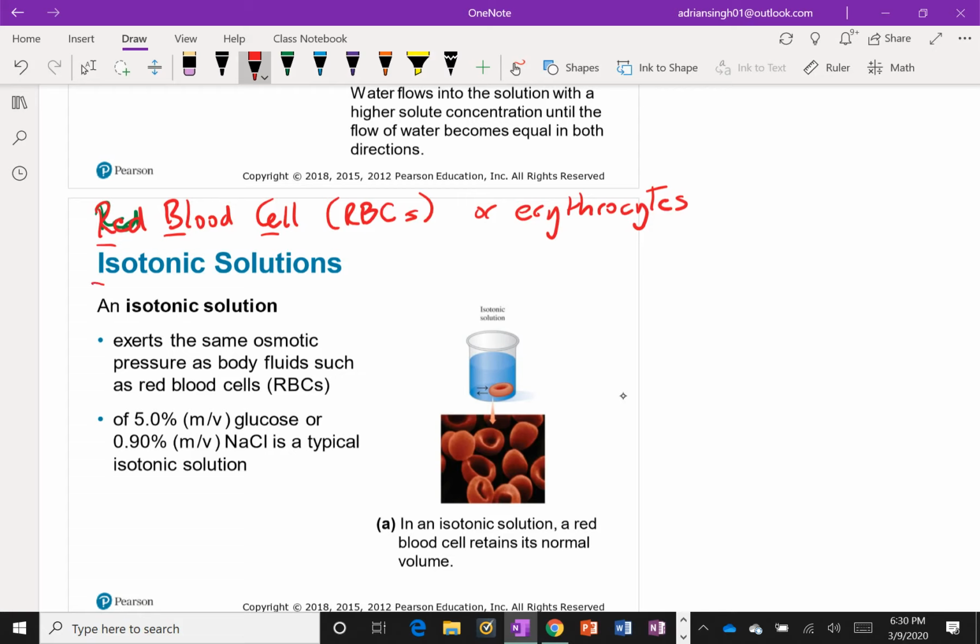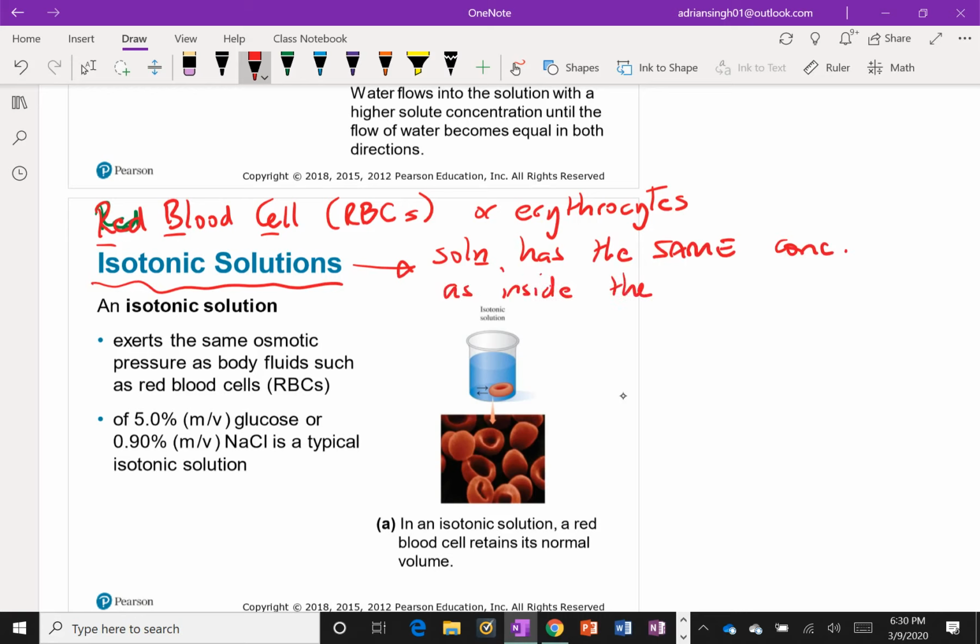The first type of solution is called an isotonic solution. And in an isotonic solution, that solution is going to have the same concentration as inside the red blood cell. All right, so let's just zoom in here really quick.